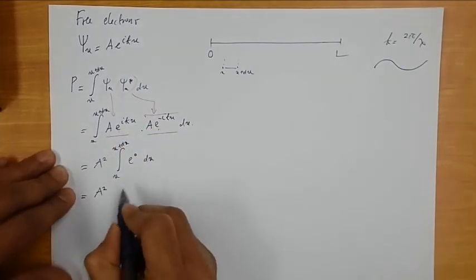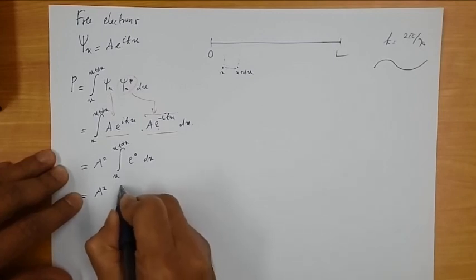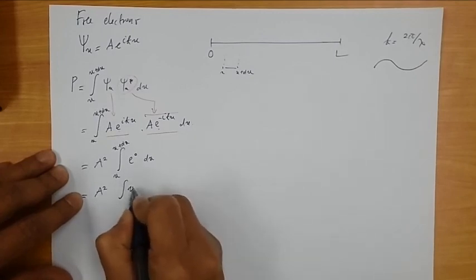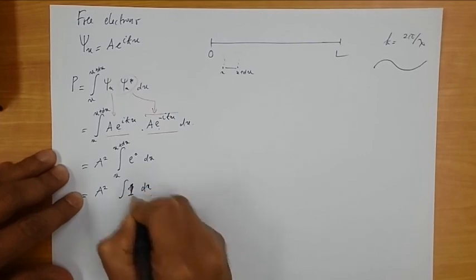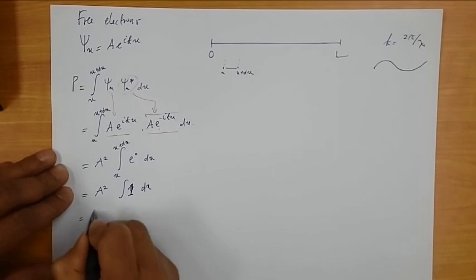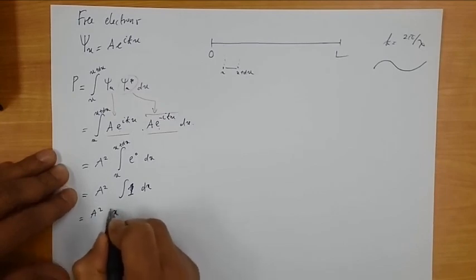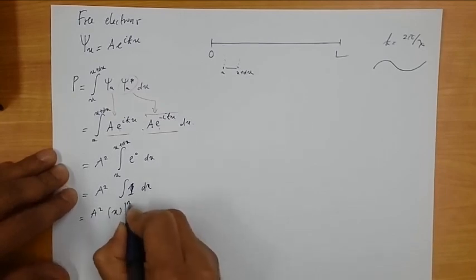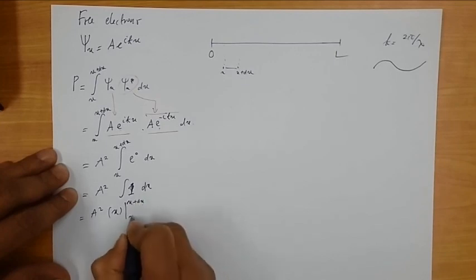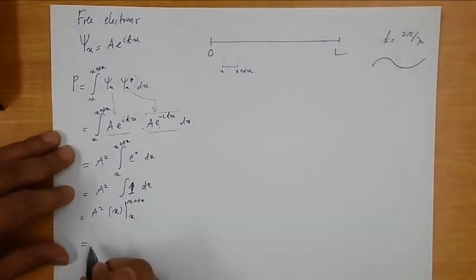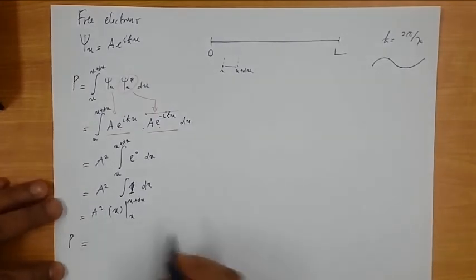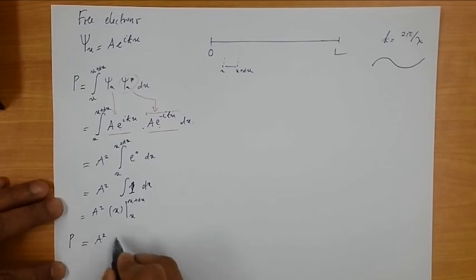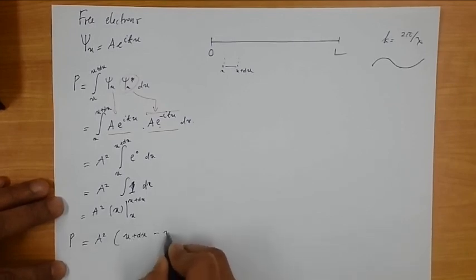If you integrate this, it's 1 dx, so it gives A squared times (x plus dx minus x).